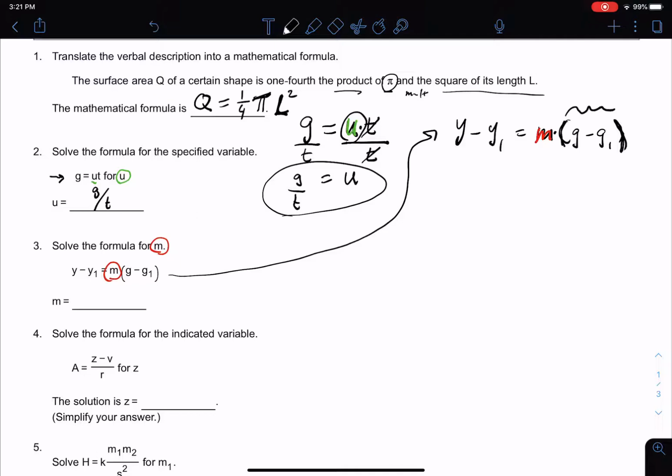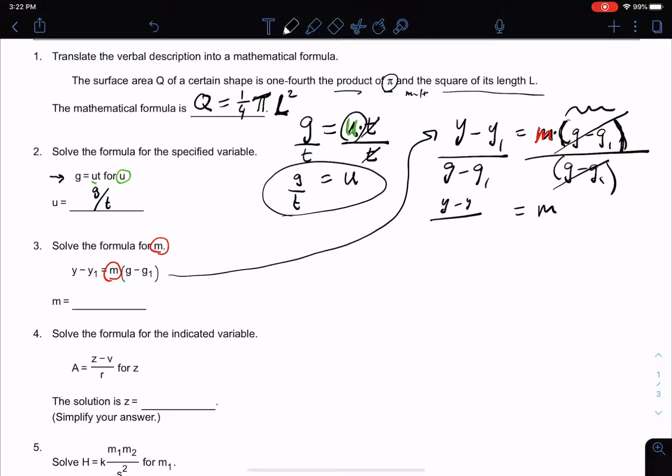How do you undo multiplication? You do its opposite, divide by g minus g sub 1. If I divide that on the right, I must also divide that on the left. And actually, this problem solved pretty quick. M equals y minus y sub 1 over g minus g sub 1.